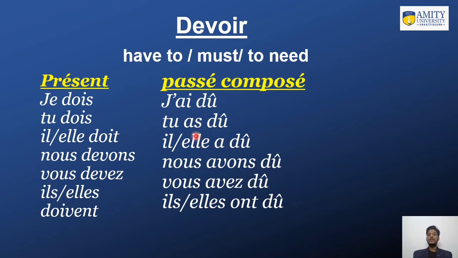Tu as dû. Il a dû. Elle a dû. Nous avons dû. Now the ending s meets the starting vowel a, so it will get joined. What will be the sound? Nous avons, linked together. Nous avons dû.